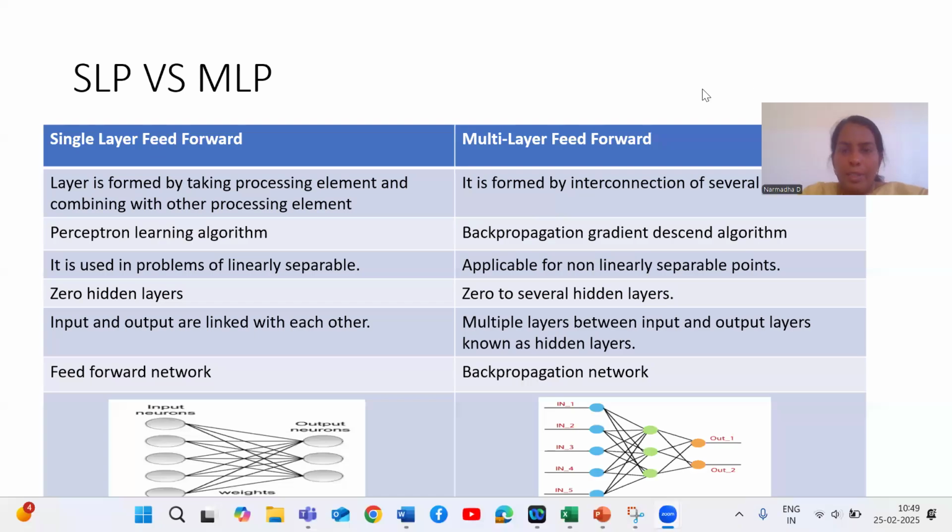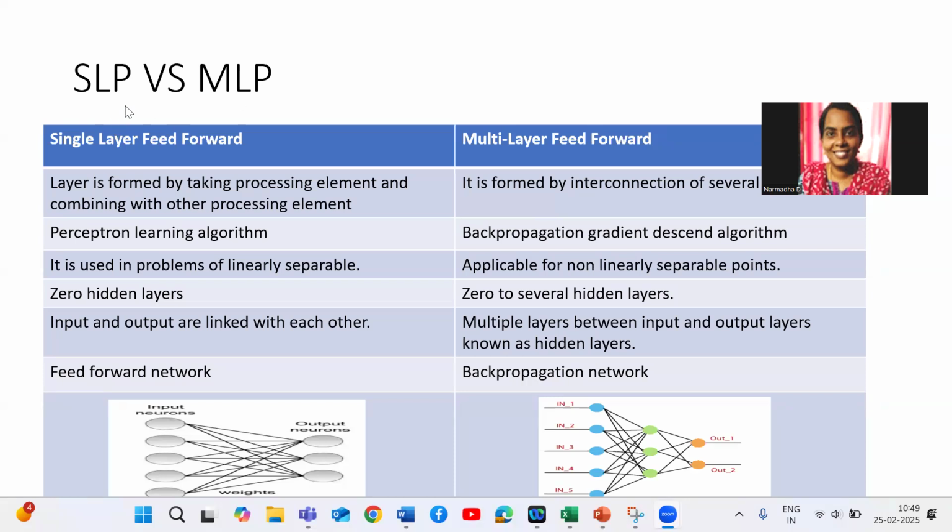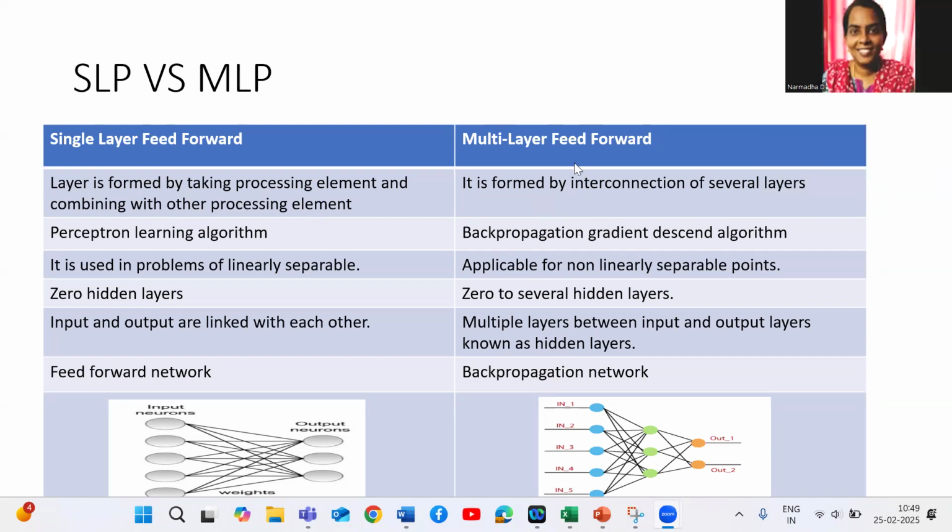Hello students, in this video we will learn about the comparison between the single layer perceptron and the multiple layer perceptron. So you all know that in SLP, the layer is formed by taking a processing element and combining it with other processing elements. But in MLP, the network of layers of neurons is formed by the interconnection of several layers.